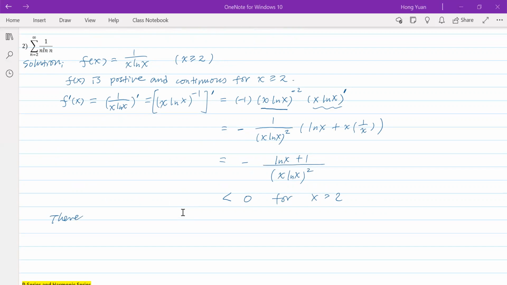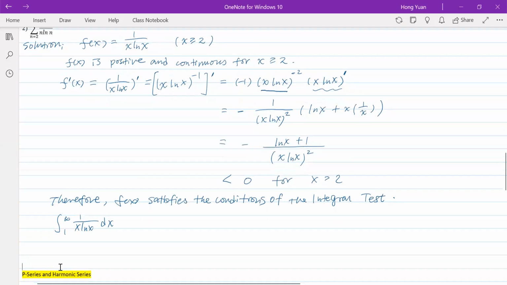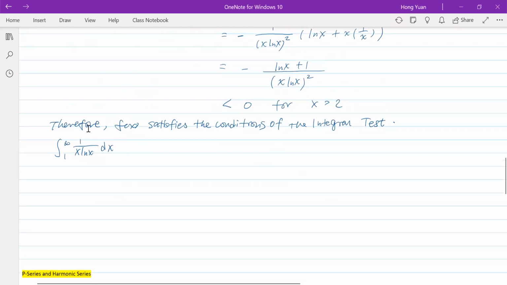Therefore, it satisfies the conditions of the integral test. We find if the improper integral converges or diverges. This equals the limit as b approaches infinity, from 1 to b, of 1 over x ln of x dx.